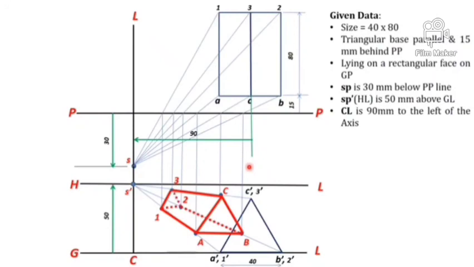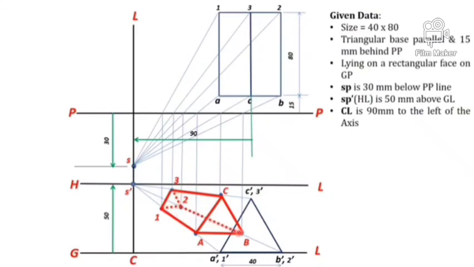The last rule is, all the lines joining a point within the boundary will be either visible or invisible.